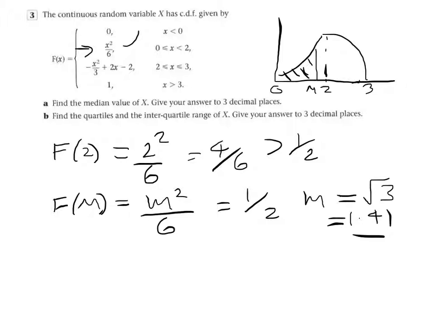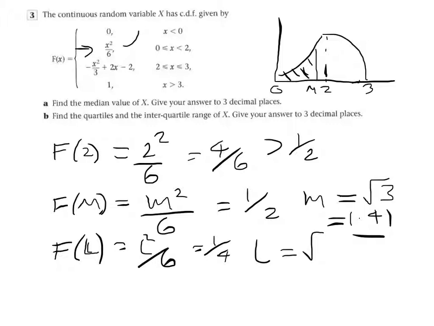Now finding the lower quartile, we'll call that f of L, L for lower. So f of L will be L squared over 6 equals a quarter. So L squared equals 6 over 4, which is 3 over 2.